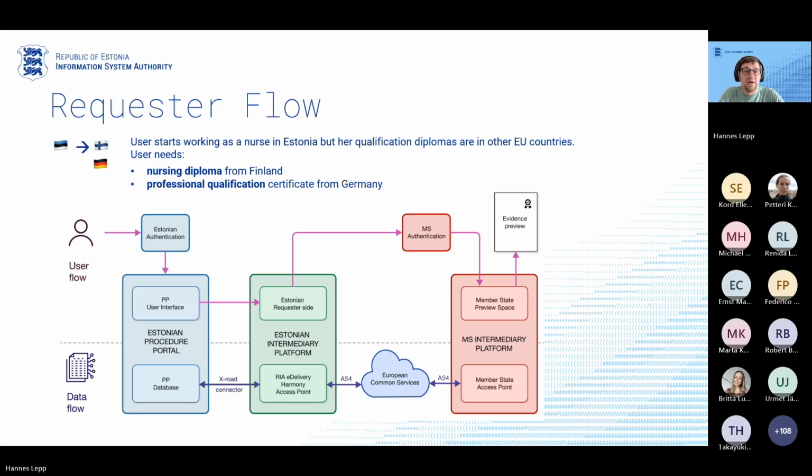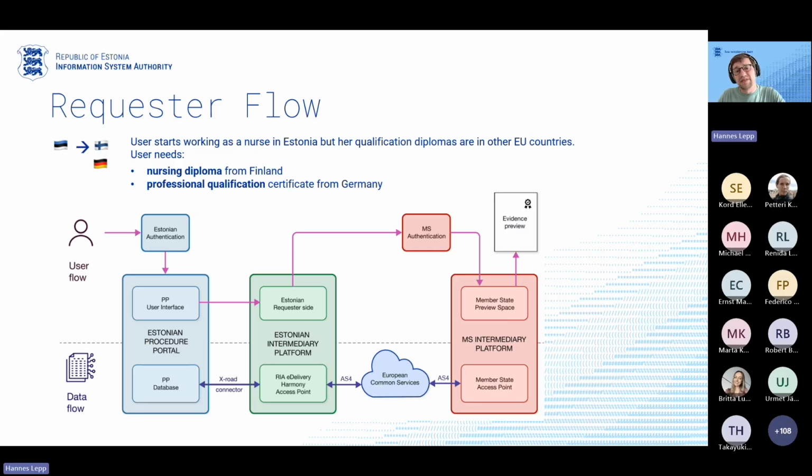And the blue cloud in the middle represents European Commission common services. In the common services, EU member states define their procedures and requirements. And evidence locations across Europe are also defined there.